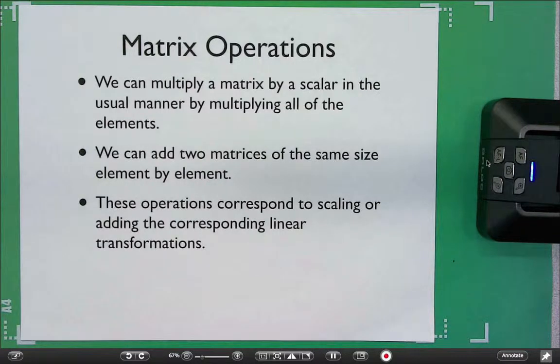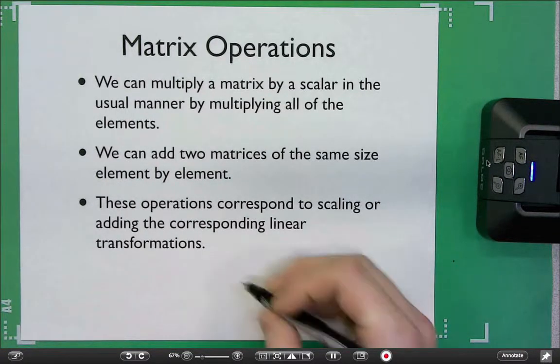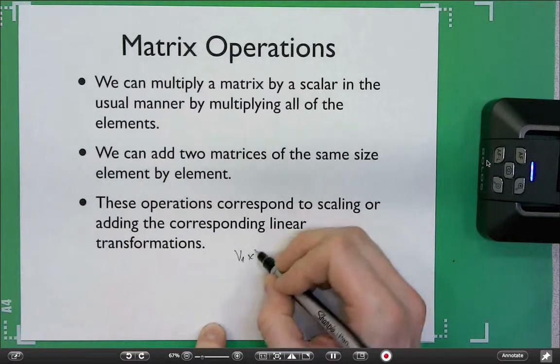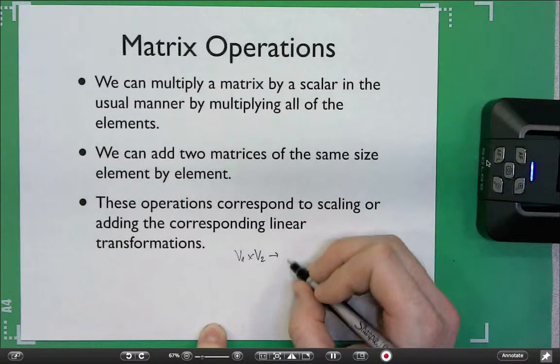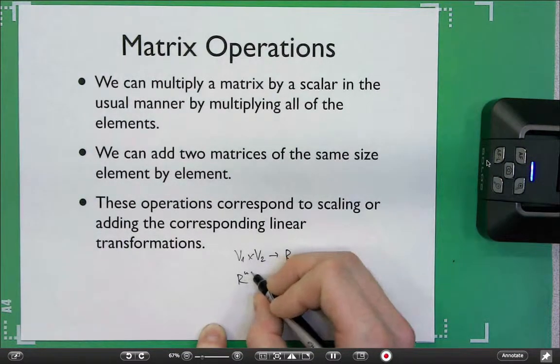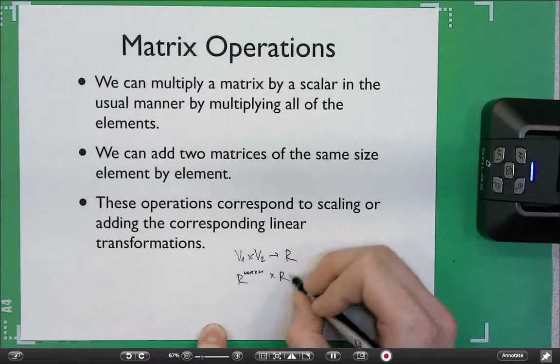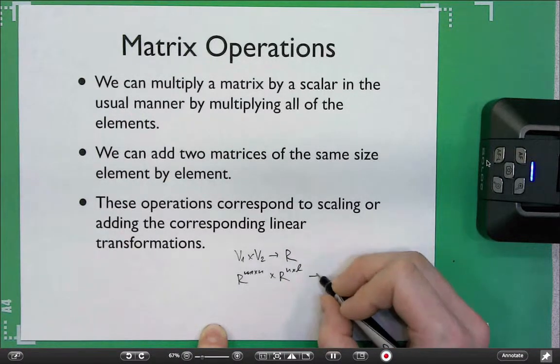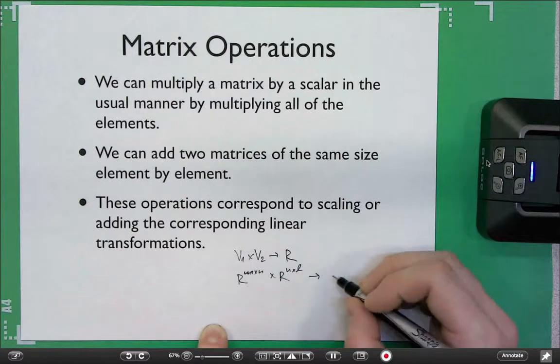The best thing I could do was a dot product, but a dot product is fundamentally different. A dot product takes two vectors and returns a scalar. With matrices, I have one matrix m by n and another n by l, and the matrix product returns a matrix.